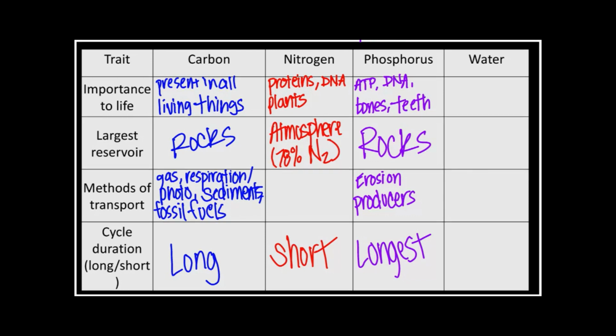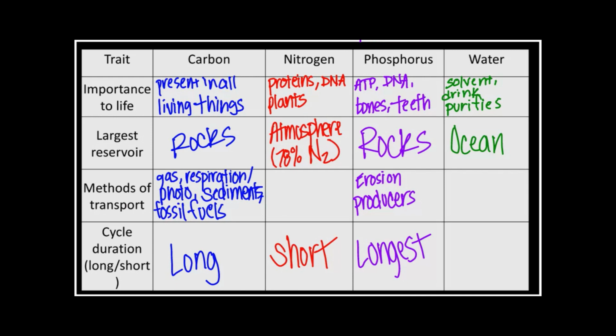Okay, and then the last one, water. Water is a solvent. We need it to be alive, right? We need to drink it. And it also purifies things. Most of our water is in the ocean, except it's salt, right? So we specifically can't use the water that's in the ocean. We have to use fresh water, but the largest reservoir is in the ocean.